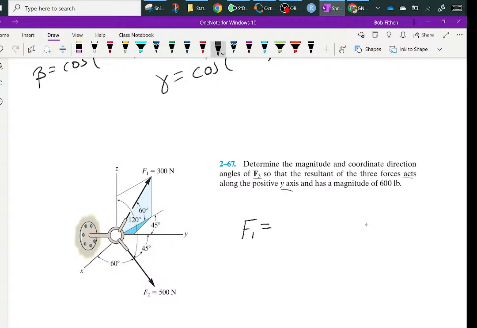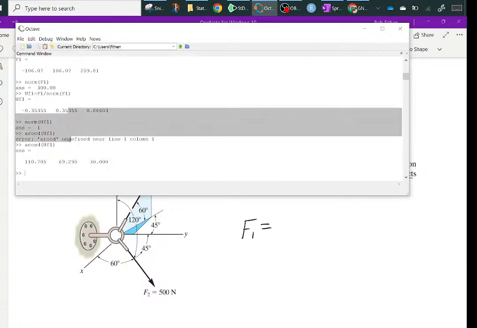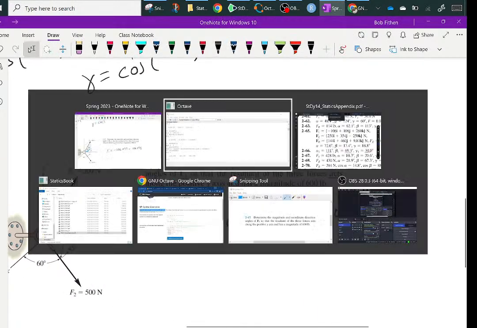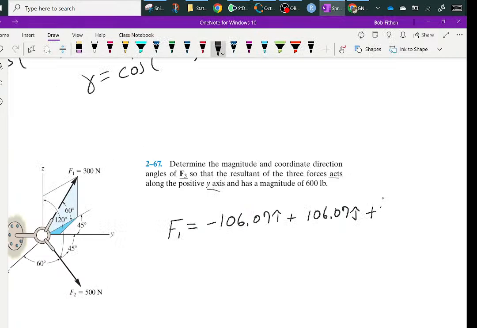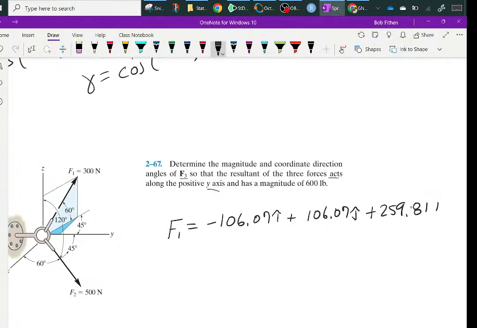Okay, so we found out F1 was equal to, and if you don't mind, I'm just going to borrow the stuff from here, minus 106.07i plus 106.07j plus 259.81k.